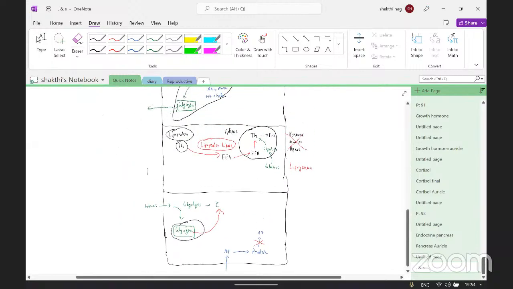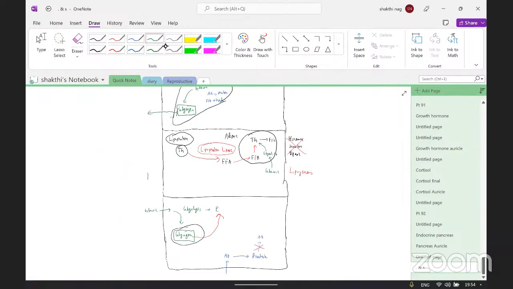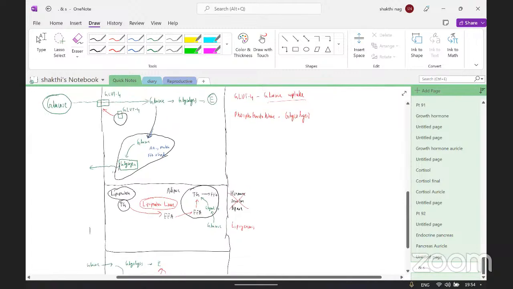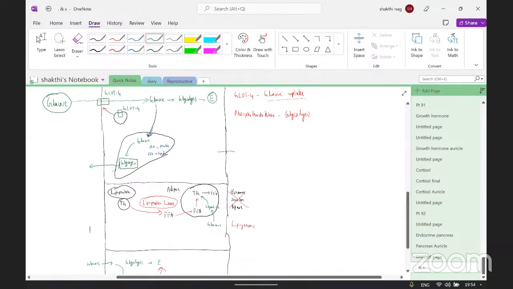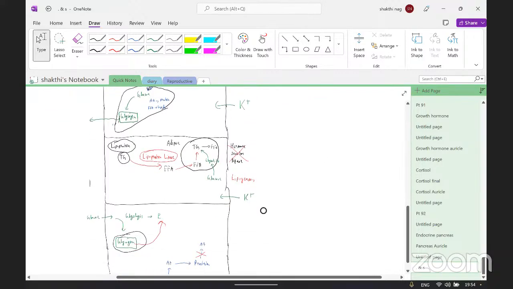Now apart from all of this, one other small component that you need to know is that in all the cells, insulin makes sure that potassium comes into the cell. This is something we need to learn because when we think about treatment for certain diseases like diabetic ketoacidosis, this comes into play.